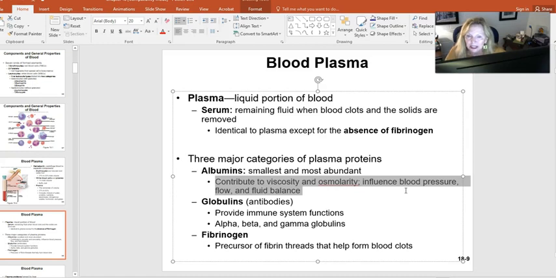And it changes the osmolarity of the blood so that water would be moving. If it's too thin, it would be moving from the blood into the tissue spaces. If you remember the concept of osmosis, water moves down its concentration gradient, and there's really nothing your cells can do about that.